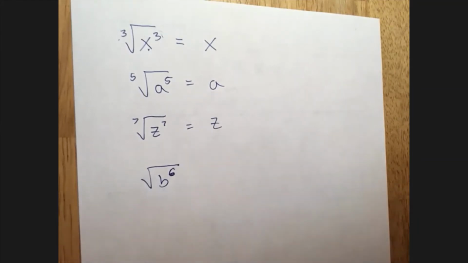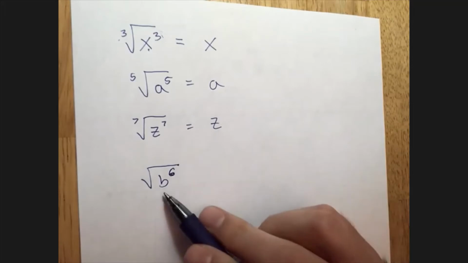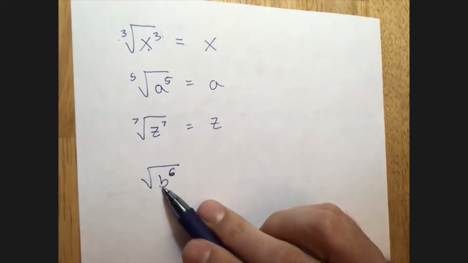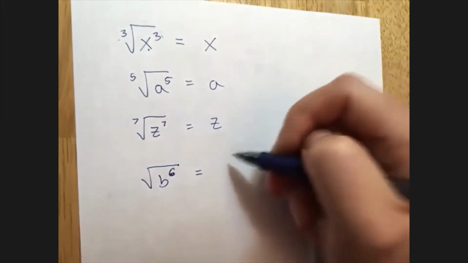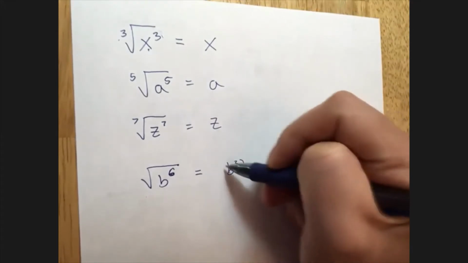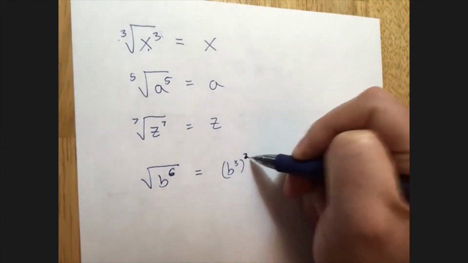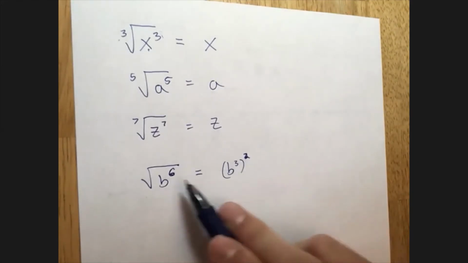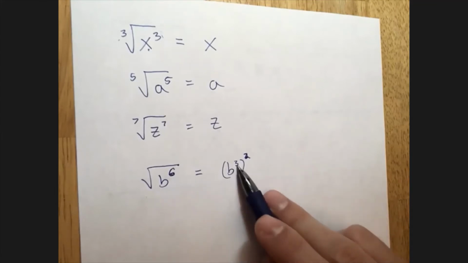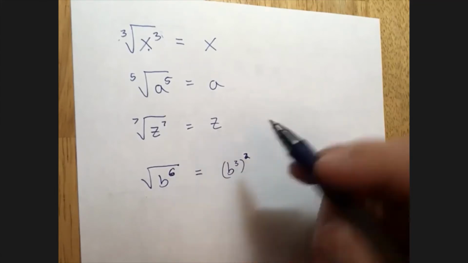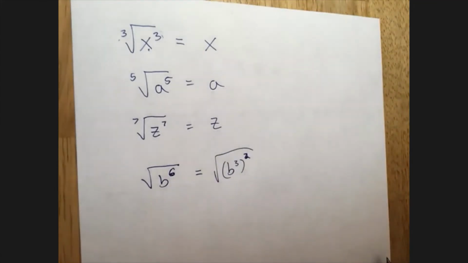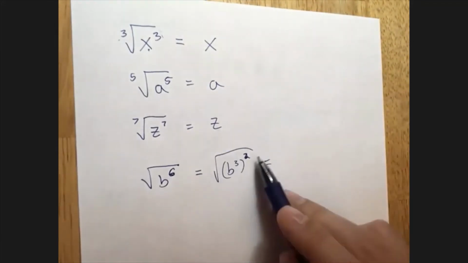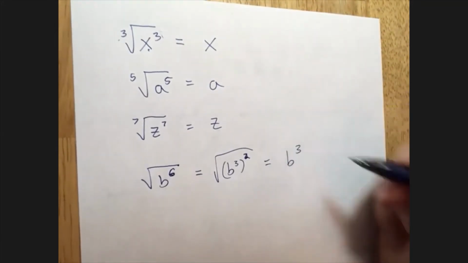So we just have to think about what, when I square it, gives me b to the 6. Well, b cubed. If I square b cubed, that's a 2 over here, I multiply the exponents, and I get 6. So b cubed squared is b to the 6. So I'm taking the square root of this. Well, that means that the answer is just b cubed.